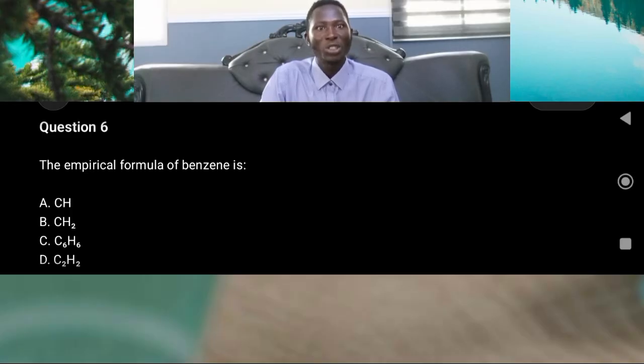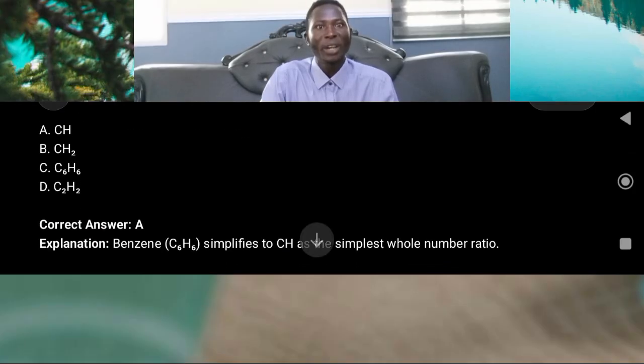So what is the correct answer for this question? The correct answer is A. Let's see the explanation. Benzene, which is C6H6, simplifies to CH, which has the simplest whole number ratio.